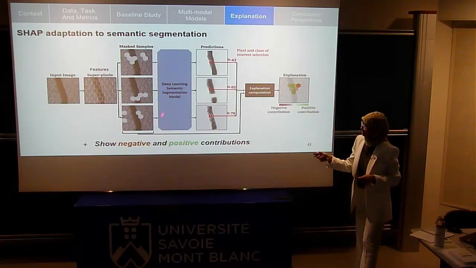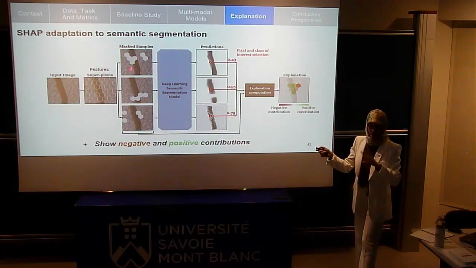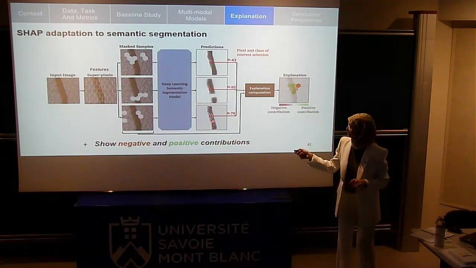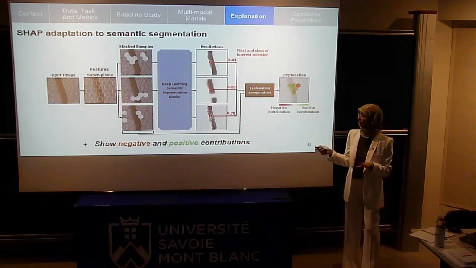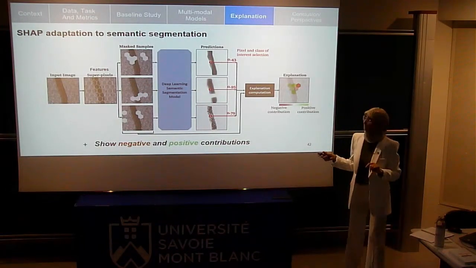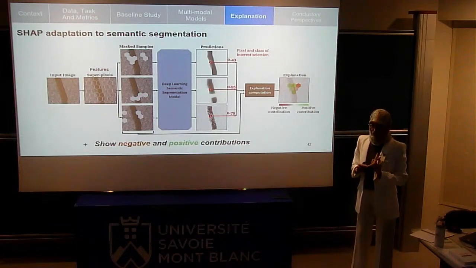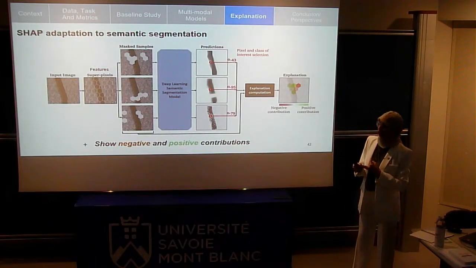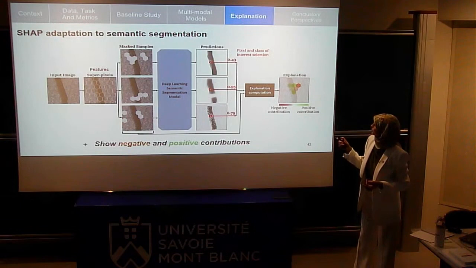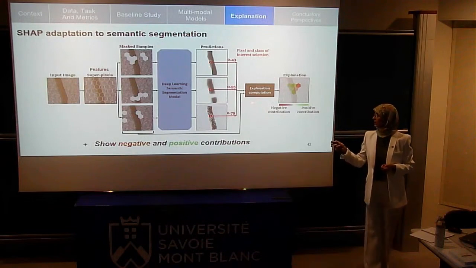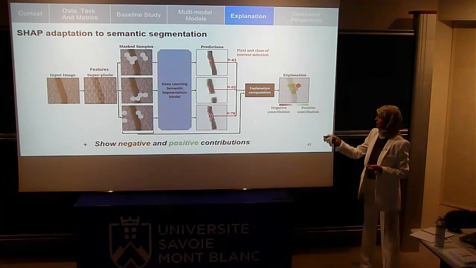We give these as input to our deep learning black box model to obtain some predictions. The predictions here are presented as probability maps. In this step, we need to choose which pixel we want to understand and which class we are interested in. Giving these two pieces of information to our Shapley explanation computation, we get this explanation as an output.